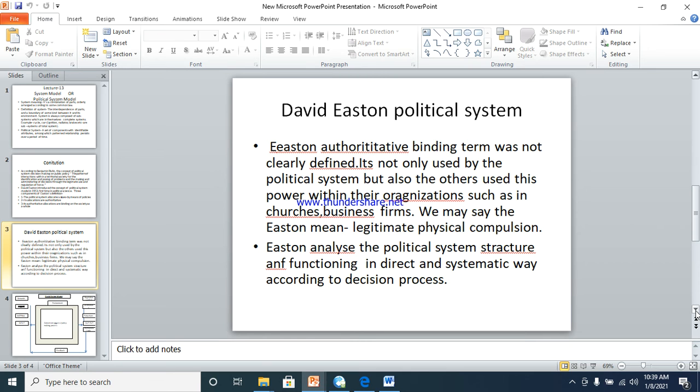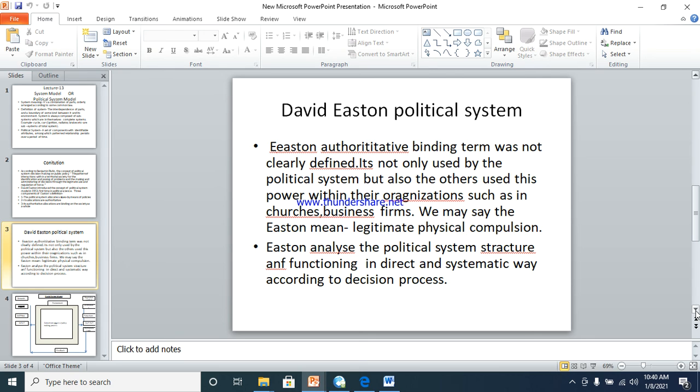But Easton did not differentiate; he meant legitimate physical compulsion. Authoritative binding means legitimate physical compulsion, which only the government can use. No organization other than government can use coercive force to enforce their policies.